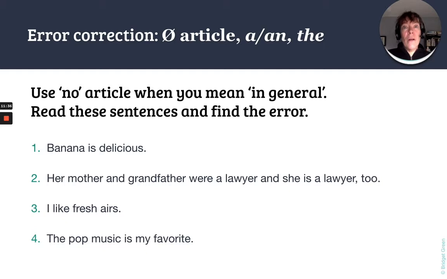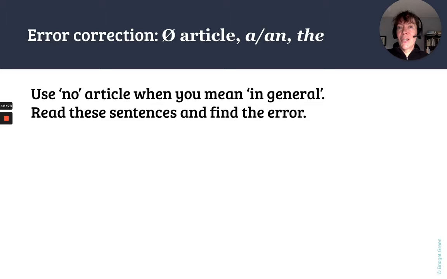Right, now here are some errors, some mistakes with zero article, a, an, and the. Can you find the correct sentence? Let's have a look. Should be bananas are delicious. Remember, when these are, that's plural, so it needs a plural verb.